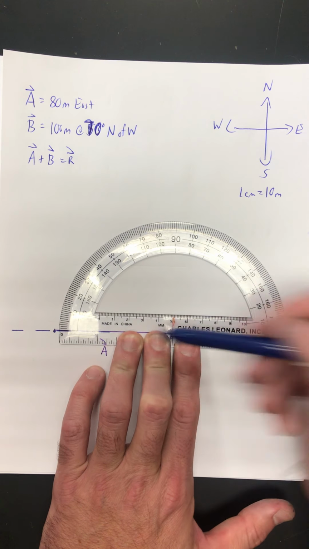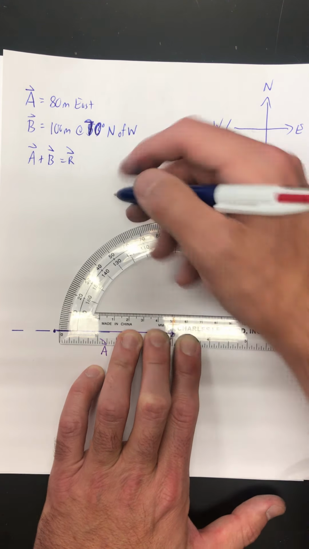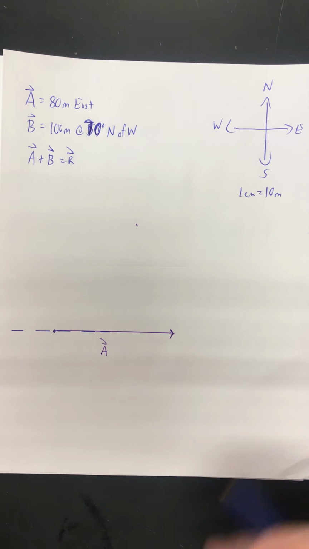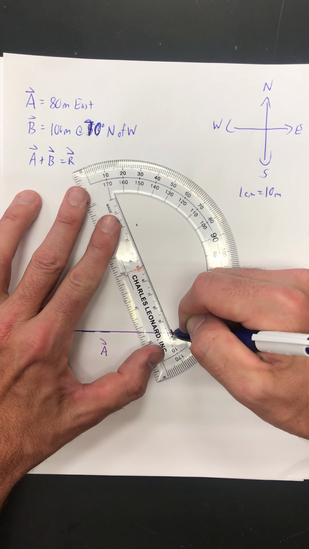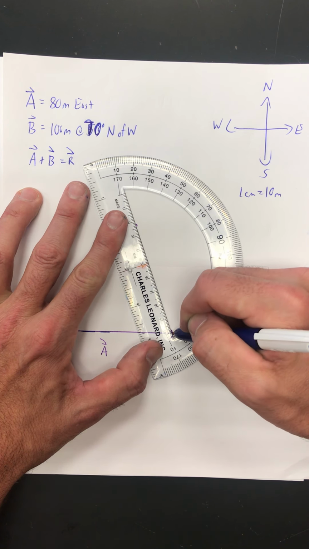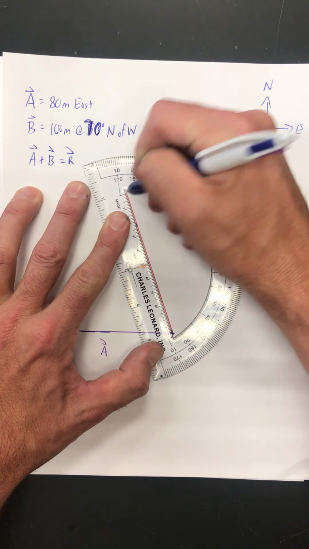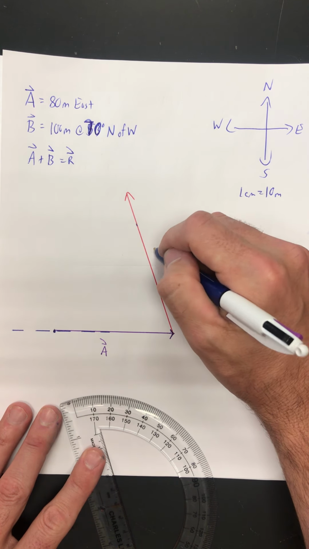So here's the west, 10, 20, 30, 40, 50, 60, 70. Pop that in. And now let's draw our 10 centimeter long vector up there. Beautiful. And so that is vector B.